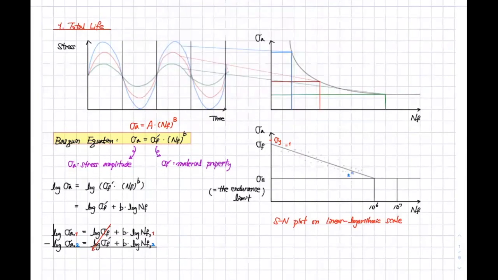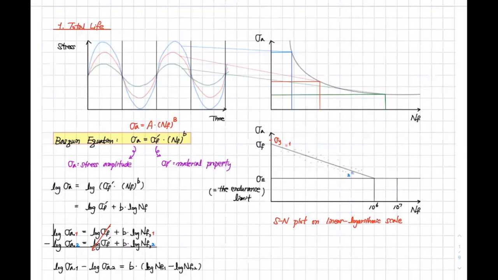Then what happens is, log amplitude 1 minus log amplitude 2 equals b, which is the same because it is the exponent determined by the material, times log cycles of 1 minus log cycles of 2.